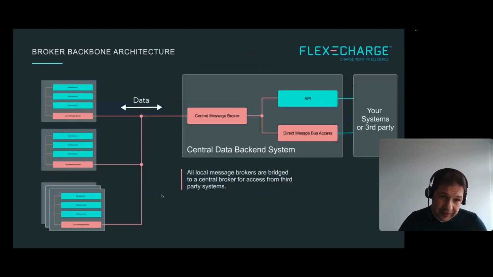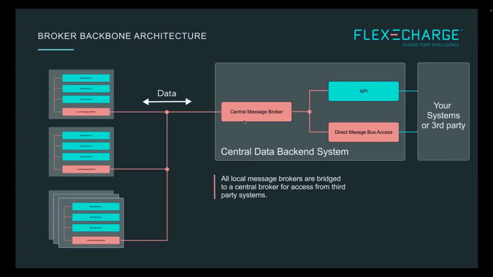The way this works is that each of the microservice stacks has a local message broker, which is built into each microservice, and it is mirrored into a central message broker. So we have a central data backend system where every microservice stack, every local message broker is basically mirroring all the local communication into a central message broker.